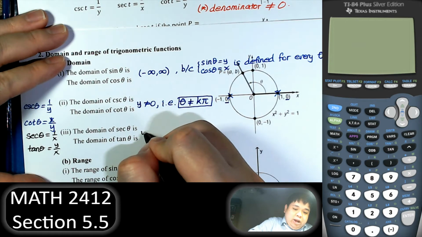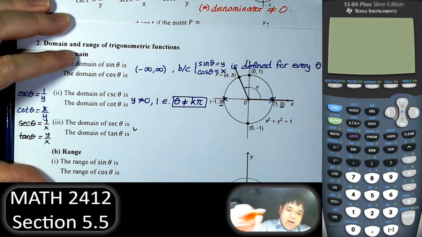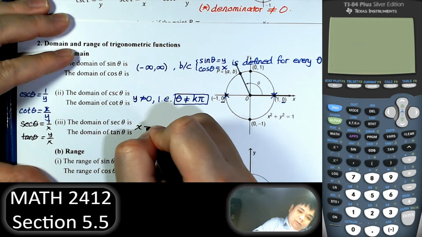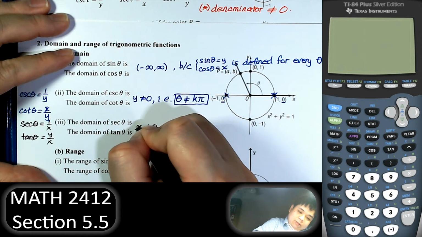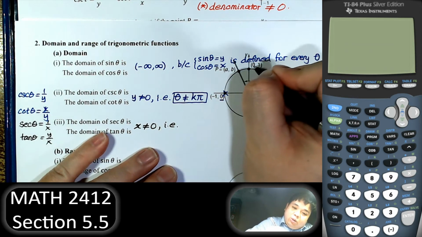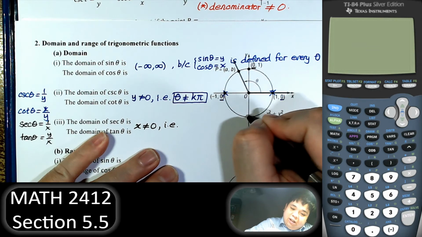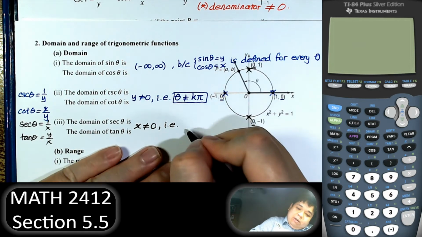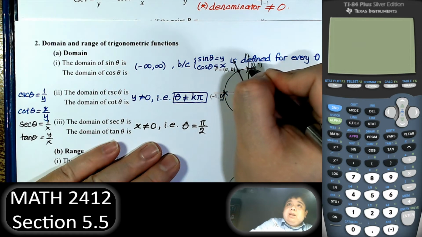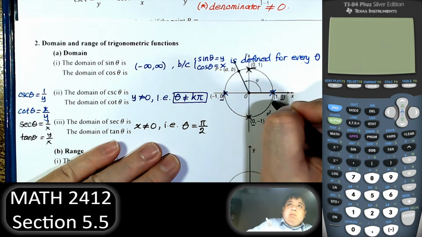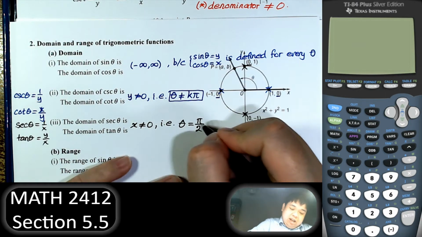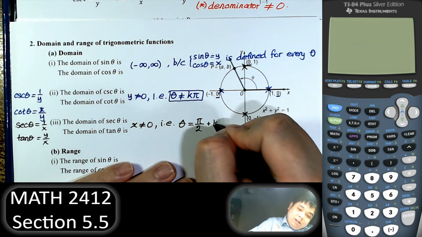The domain is where x cannot equal 0, so we cannot have this point, meaning that theta cannot be equal to pi over 2, which is here, 3 pi over 2, 5 pi over 2, 7 pi over 2, and just keep going like that. So theta cannot be equal to pi over 2 plus k pi.